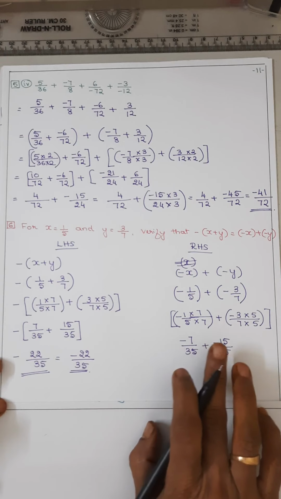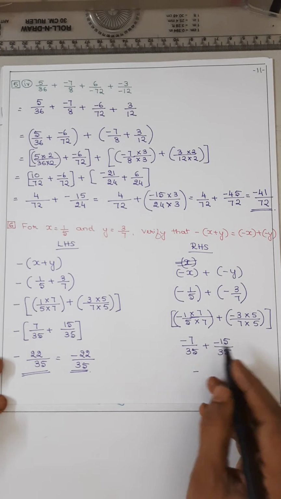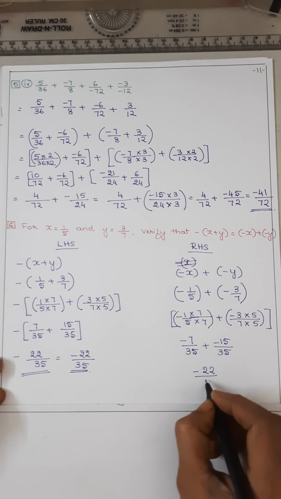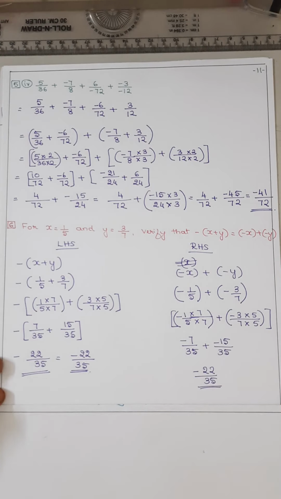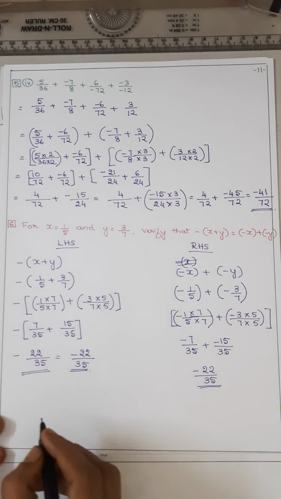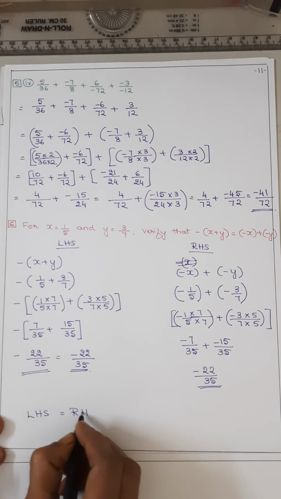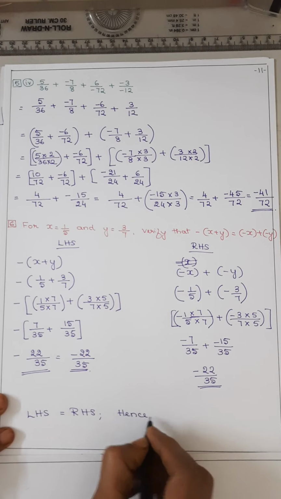Now minus minus add, put the sign minus 7 plus 5, 12, 1 plus 1, 2, 35. Same answer you got, minus 22 by 35. So that means LHS is equal to RHS, hence verified.